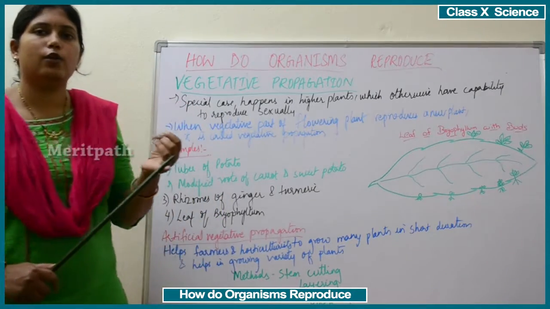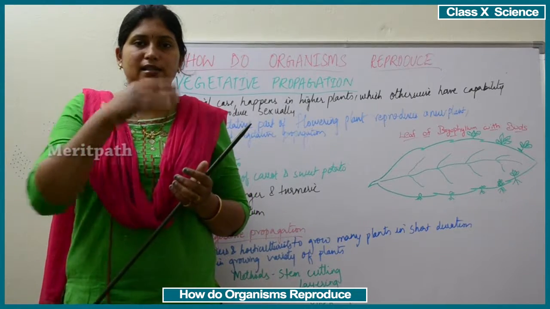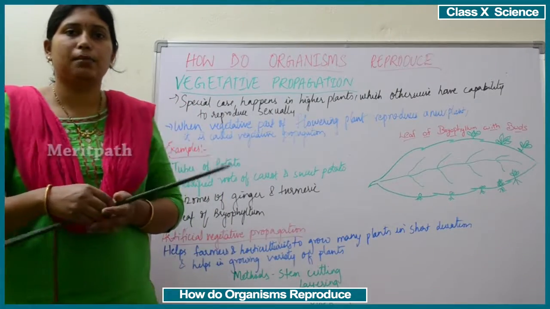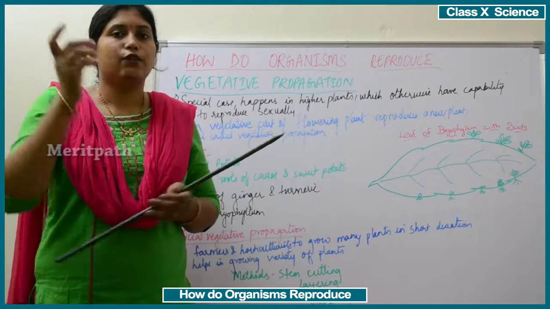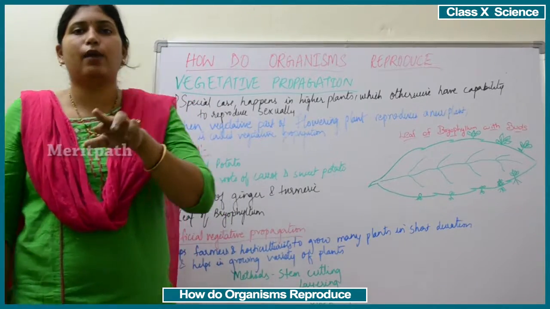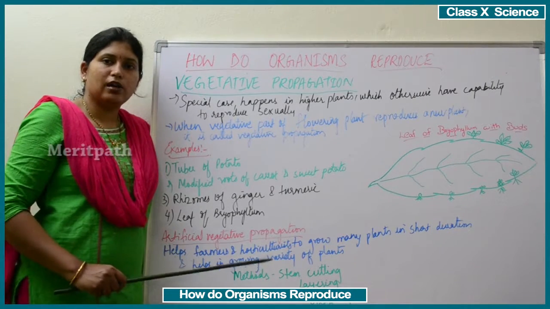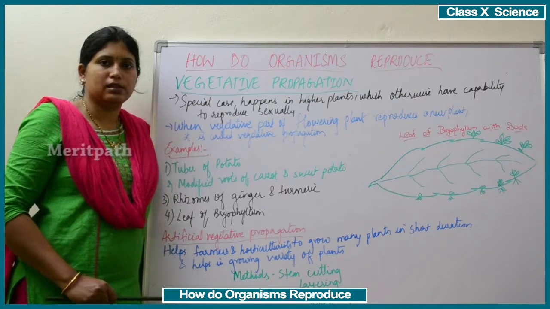Suppose a red colored rose stem and a white colored rose stem are cut, that is grafted, tied together, and left like that for some time, and then we water the plant. Then the stem will start growing, and the flower which comes from the stem will be a mixture of two colors, red and white. So that is how these methods are the artificial vegetative propagation methods done artificially by human beings.